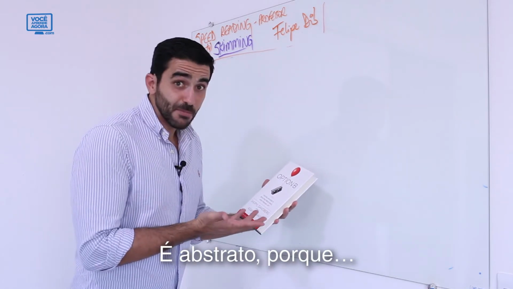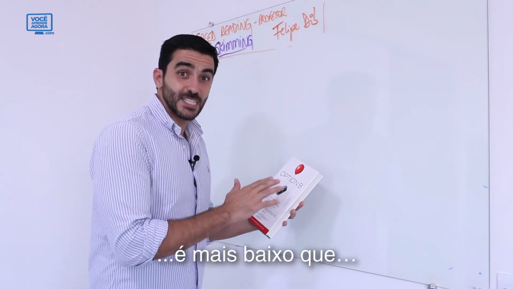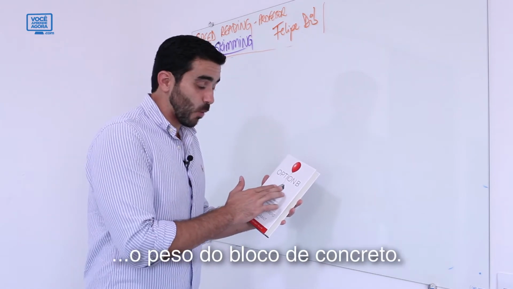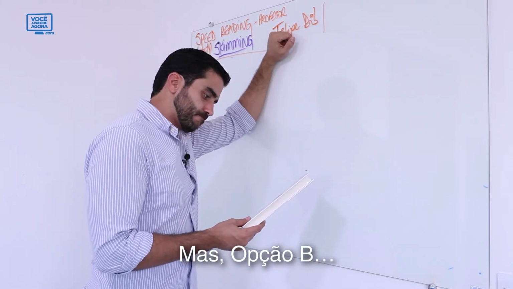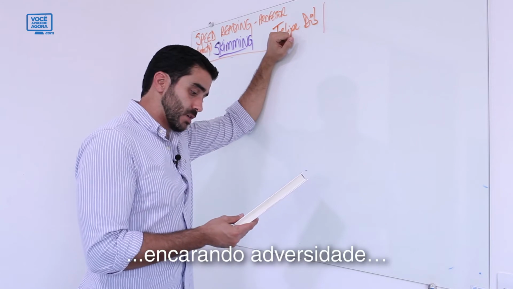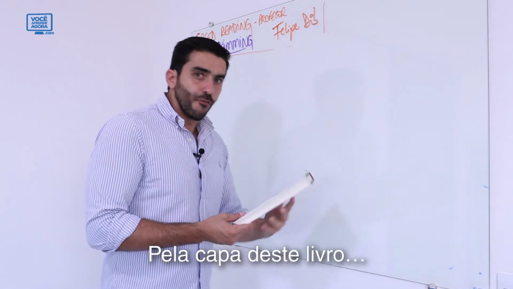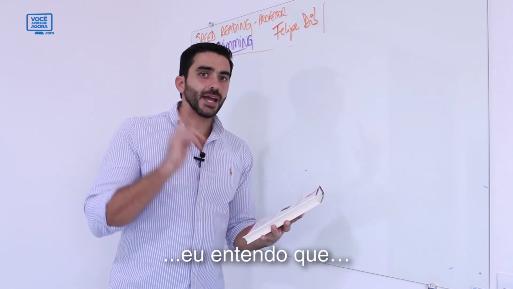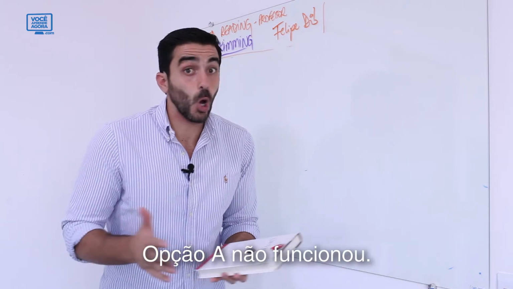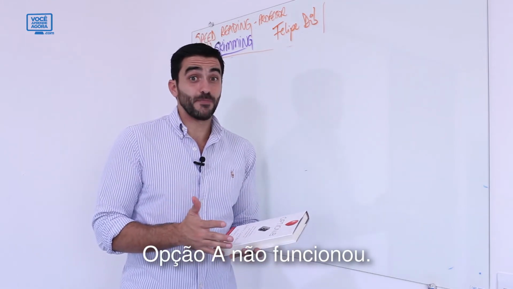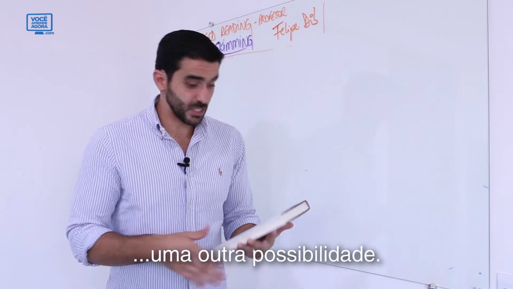It's abstract because we know that the weight of the balloon is lower than the weight of a concrete block. But Option B, facing adversity, building resilience, and finding joy. From the cover of this book, I understand that option B is another possibility. Option A didn't work. So I'm going on option B, another possibility.